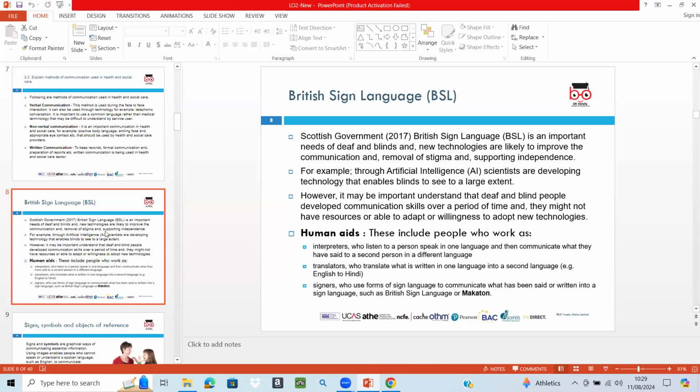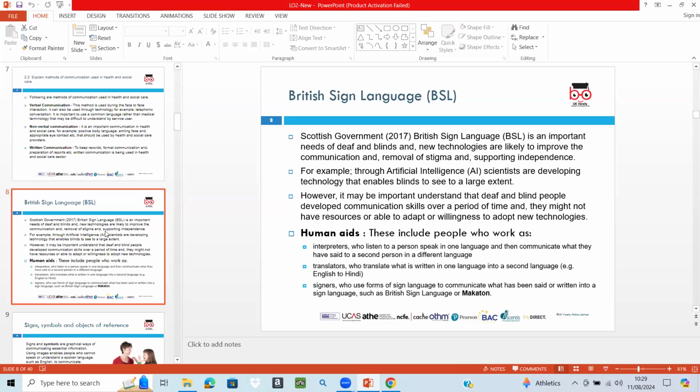Here we have to discuss sign languages. British Sign Language is a crucial communication method for the deaf community.